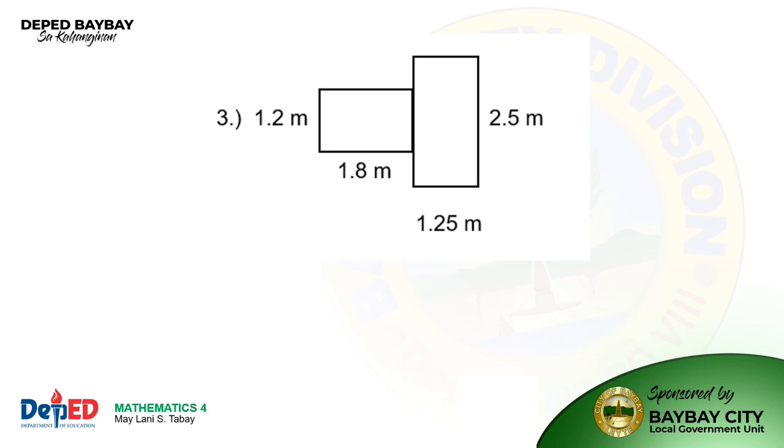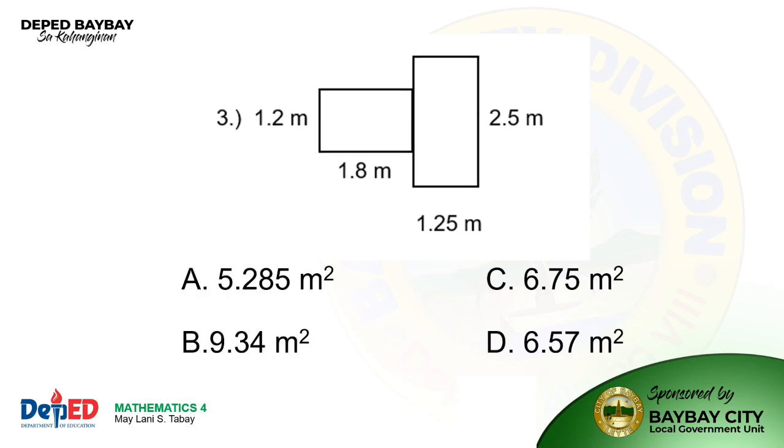Number 3. A. 5.285 meters squared. B. 9.34 meters squared. C. 6.75 meters squared.